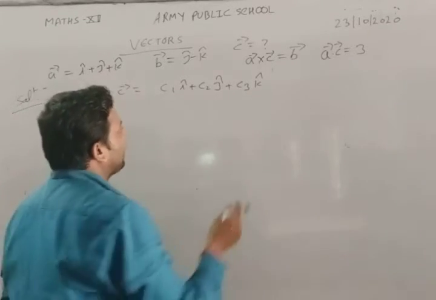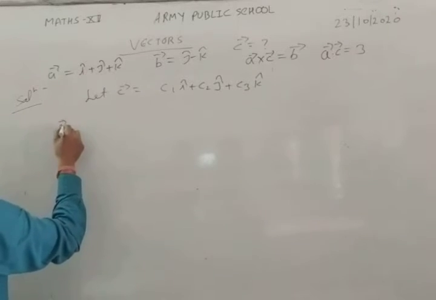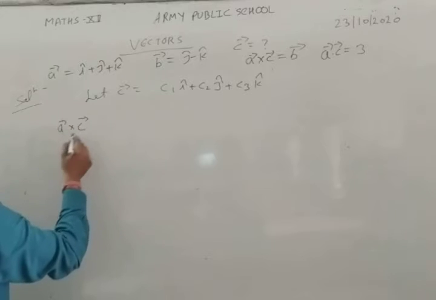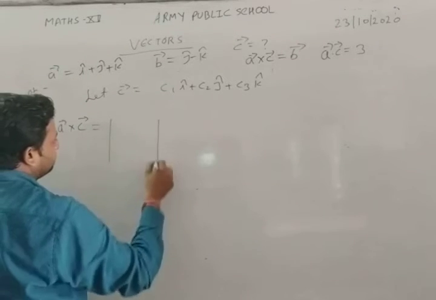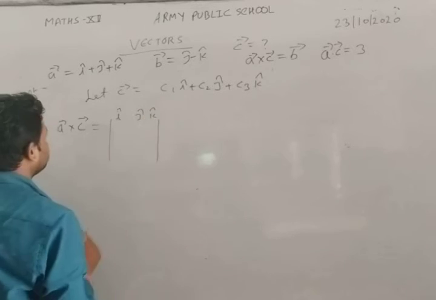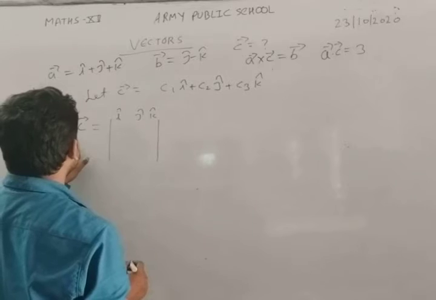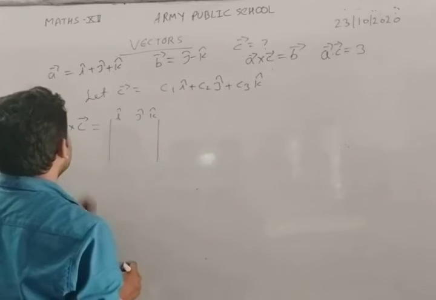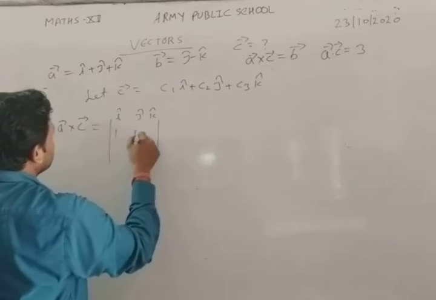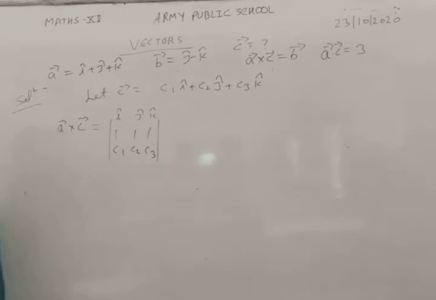Now we apply this condition. What is A cross C? A cross C will be the determinant with rows I, J, K; 1, 1, 1; C1, C2, C3.